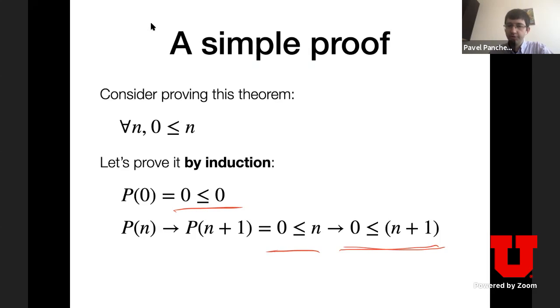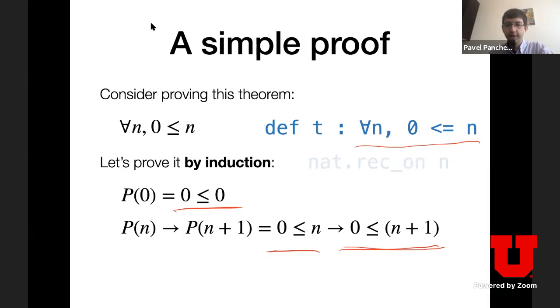And we can write down this proof in Lean. We could say that this theorem is going to be for all n, 0 is less than or equal to n. To prove it by induction, we call the induction principle rec, or recOn, which does the same thing as rec with just the arguments in a different order. So this is just calling Nat.rec.